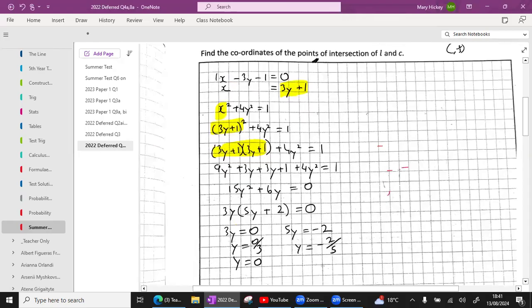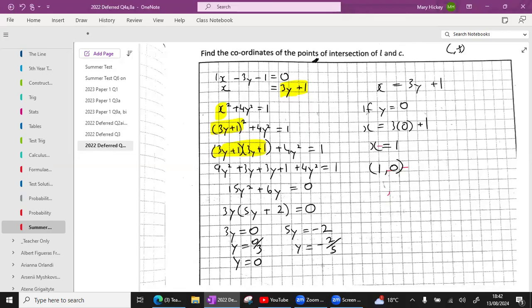So we go back up to the rearrangement. Now, if y is 0, then x is equal to 3 times 0 plus 1, so x is 1. So in other words, I've discovered that one point is 1, 0. Now, on the other hand, if y is minus 2/5, well then x is equal to 3 times negative 2/5 plus 1.